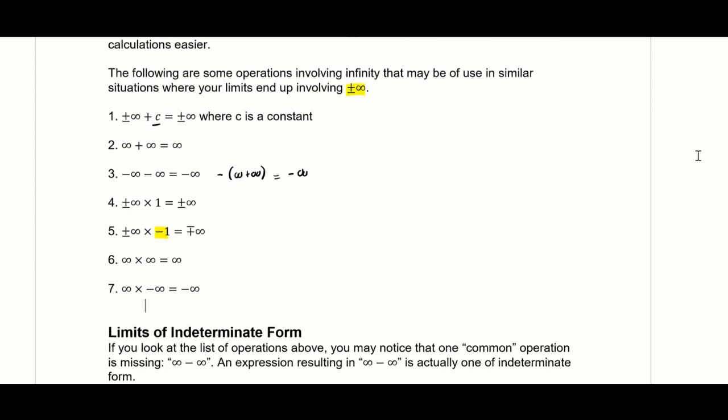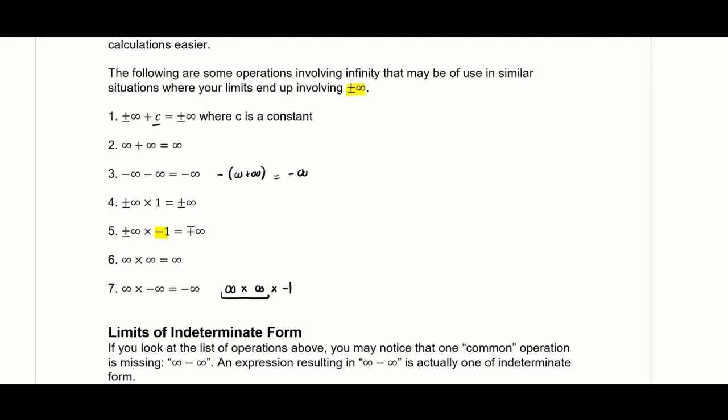If you multiply two things increasing to positive infinity together, you get something increasing to positive infinity. If you have something increasing times something else increasing times -1, basically you get something positive times -1, which gives you negative infinity.